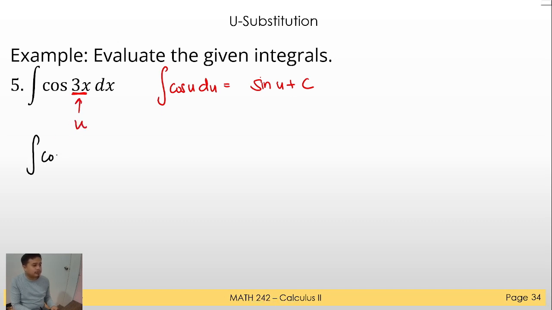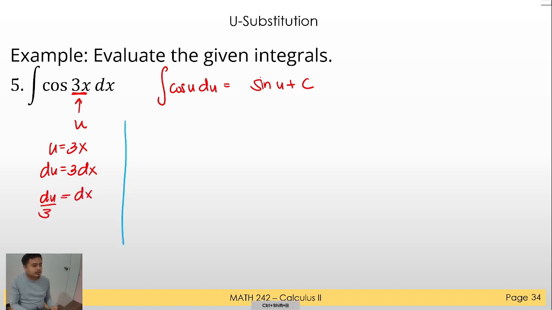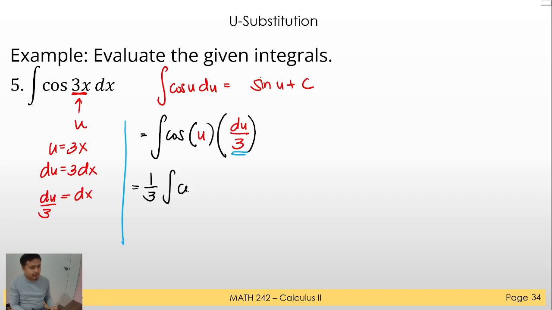So u is equal to 3x. Therefore, du is equal to 3dx, and dx is equal to du over 3. So substituting the values, we have cosine of u, and then dx is equal to du over 3. And then factoring out this 3, we have 1/3 the integral of cosine u du.